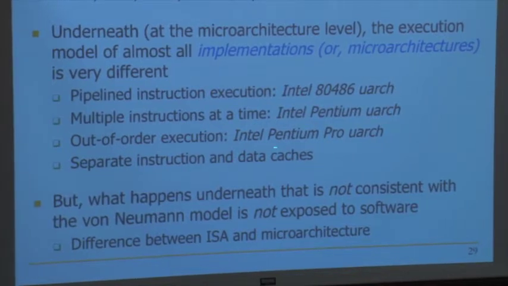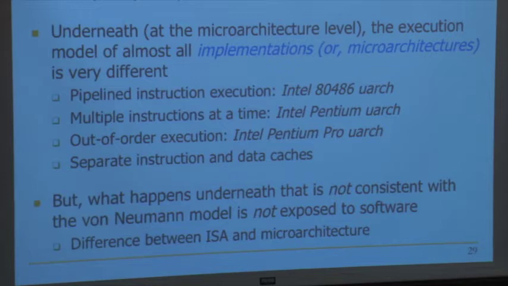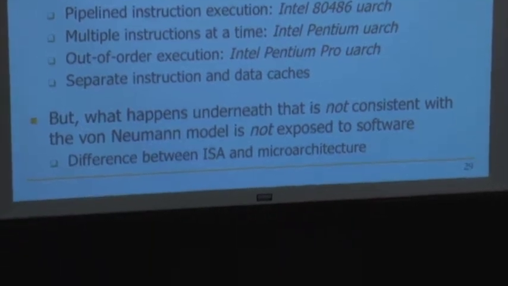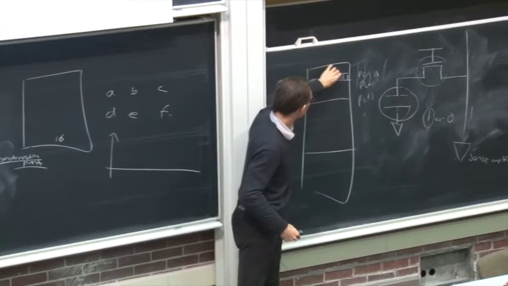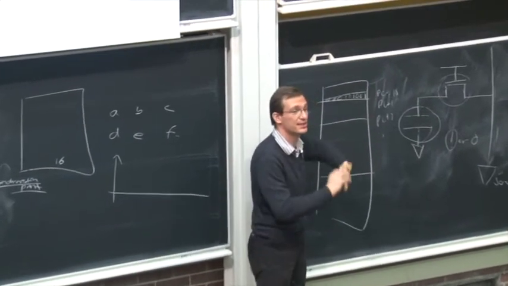Out-of-order execution's first very successful commercial implementation was the Intel Pentium Pro. There were other implementations from Motorola. In fact, out-of-order execution was developed in the 1960s, and we'll get to that. We have separate instruction and data caches, right? Even the linear memory, with instructions and data interpreted based on when you access them, is different today.